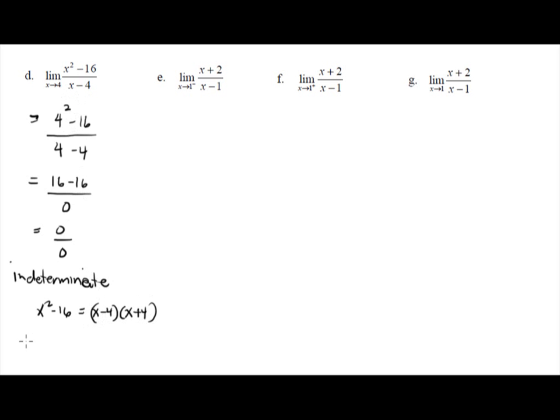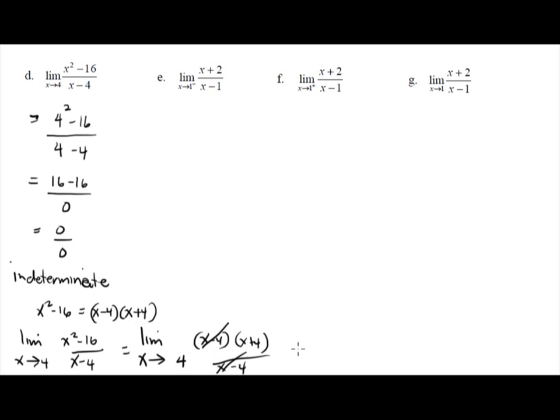So rewriting the expression, the limit as x approaches 4 of x squared minus 16 over x minus 4 is the same as the limit as x approaches 4 of (x minus 4)(x plus 4) all over x minus 4. From here we can cancel x minus 4 and we are left with x plus 4.